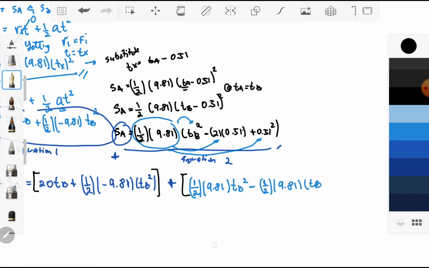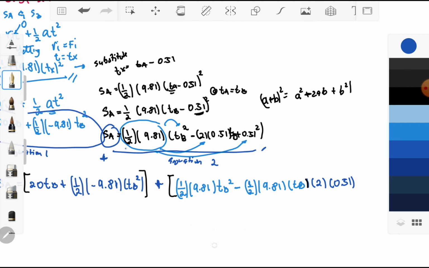Okay, there should be a TB here because A plus B squared is equal to A squared plus 2AB plus B squared, wherein your A is equal to TB and your B is 0.51. So that is negative, so there should be a TB there, multiplied by 2, multiplied by our 0.51. Okay?